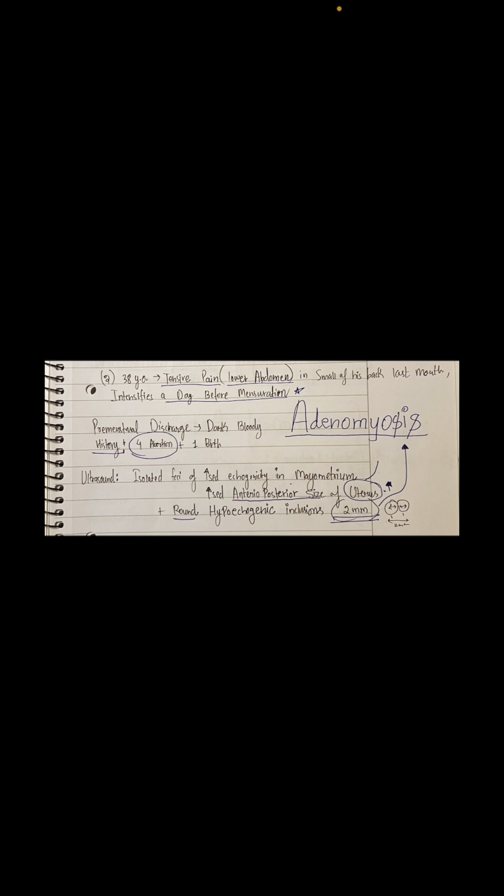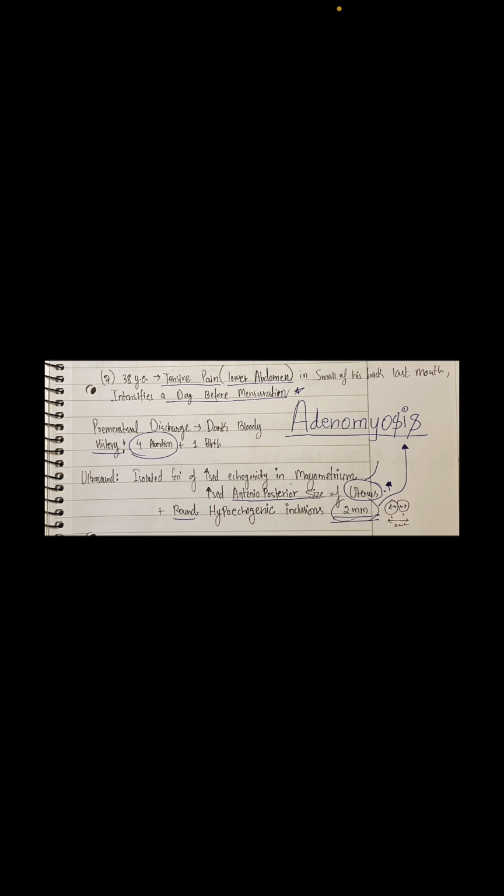So if we go to the definition of adenomyosis, I have told in the first video, in the animated videos. So adenomyosis, we can remember it like this, that adeno dives deep. So why does the adeno dive deep?